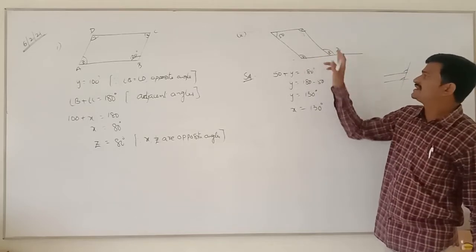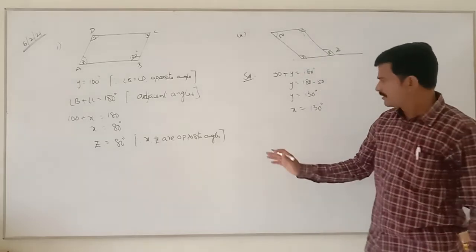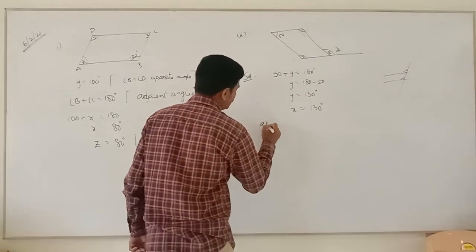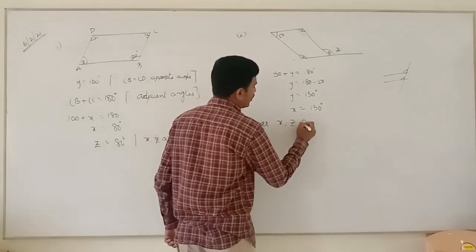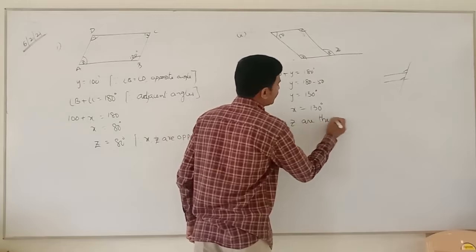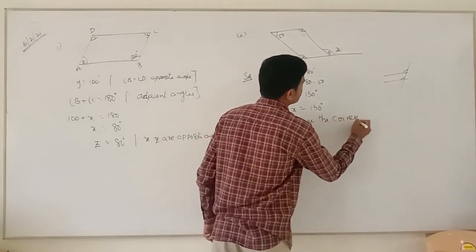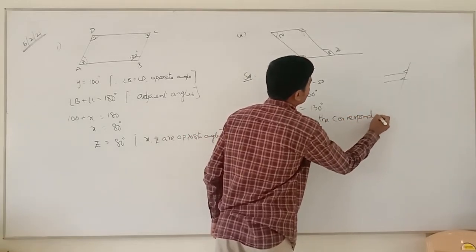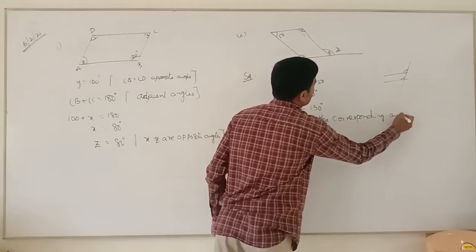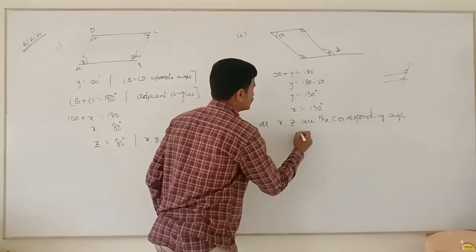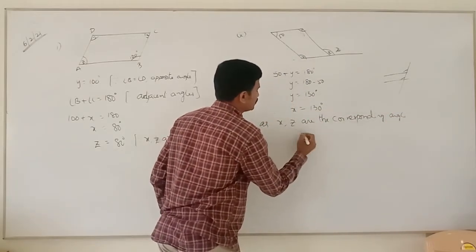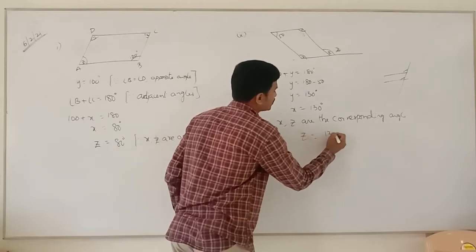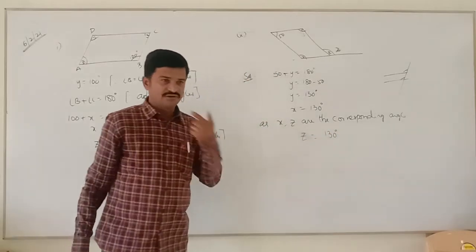So x and z are corresponding angles. Therefore z is also how much? 130 degrees. Sir, alternate interior angle.